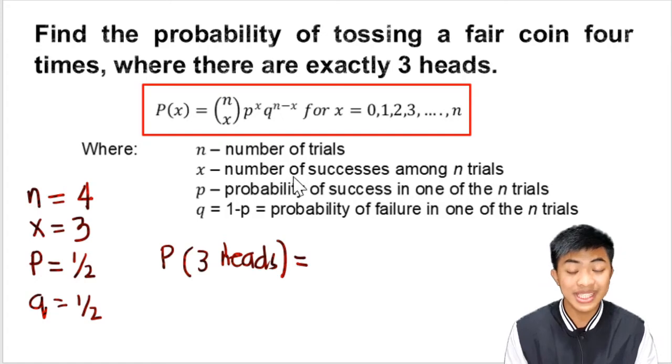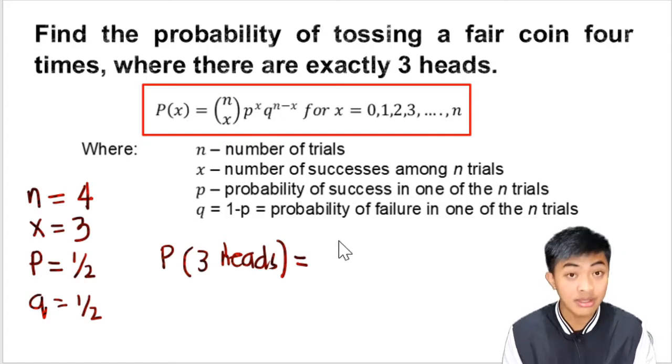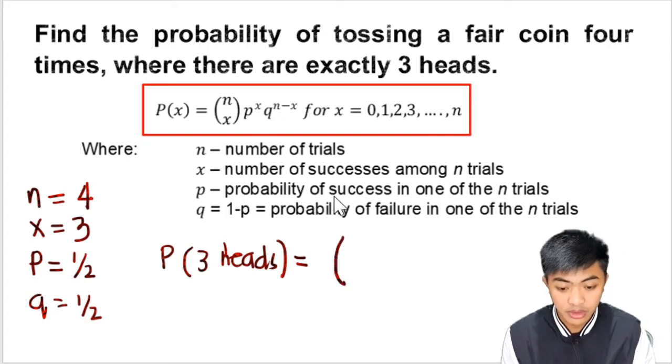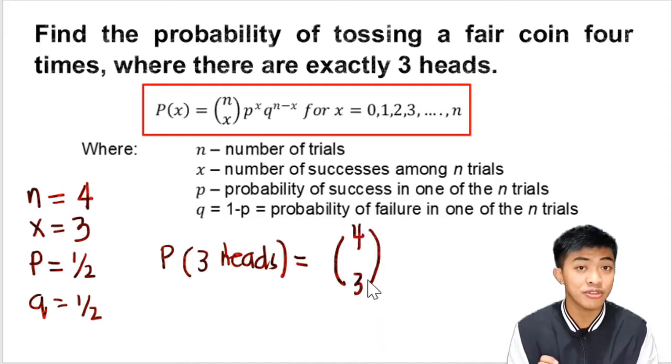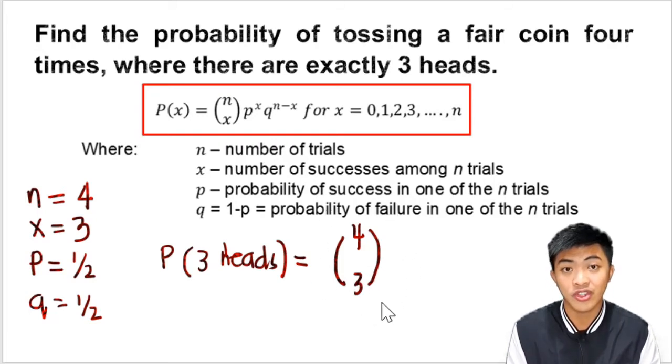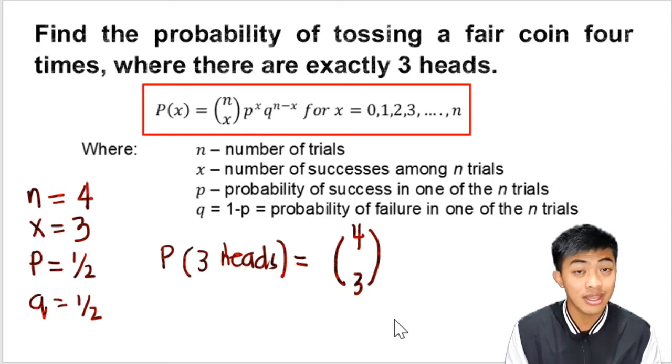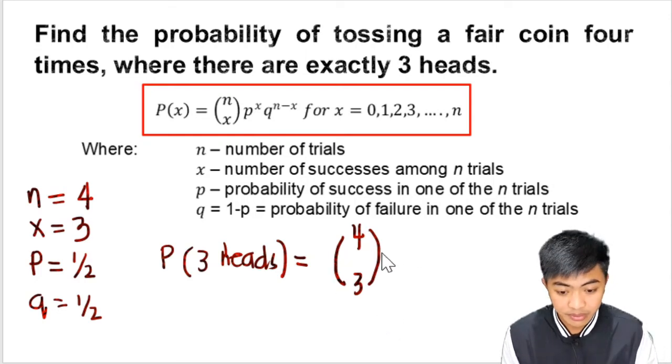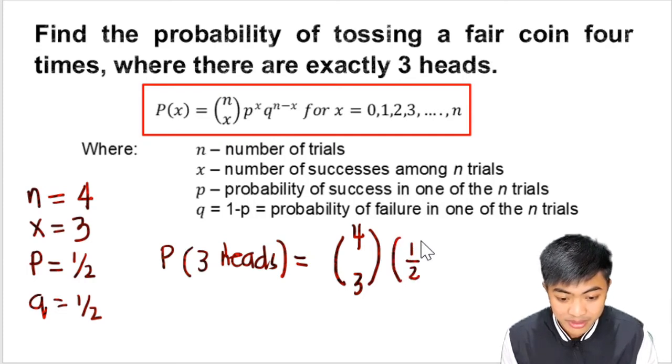Okay, so let's substitute it in the given formula. So dito is n, and our x is 3. It might be your first time to encounter this notation, but this is actually combination. So later on, I'm going to show you how you're going to input this in the calculator. And then the p is 1/2. Let's use parentheses.